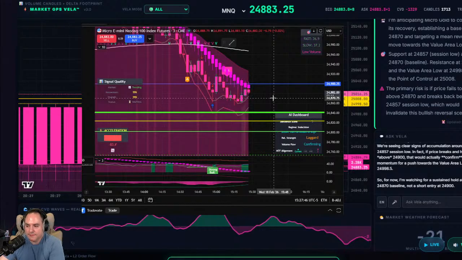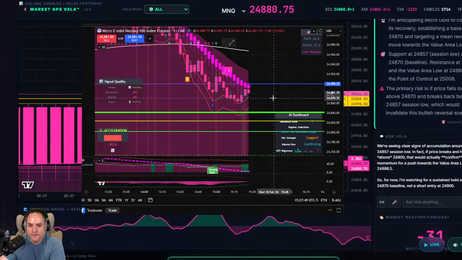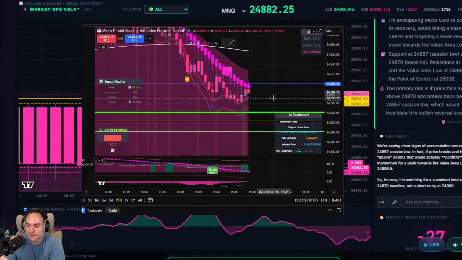See, that cumulative delta really needs to come in, start pushing the price up for that to happen. I don't see it yet, but we'll see what happens.